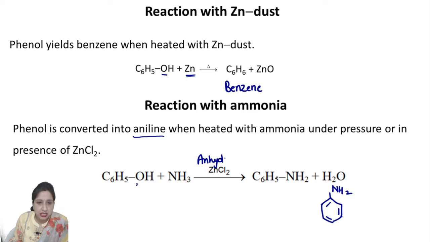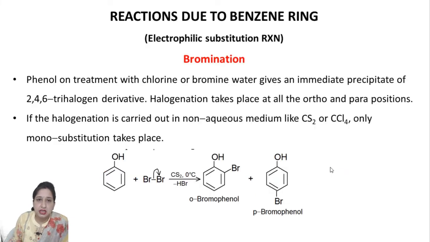OH from here and 1 H from this ammonia group, and we get aniline as the main product. So this is your aniline and water is removed. So these were the reactions related to the hydroxyl group of the phenol.